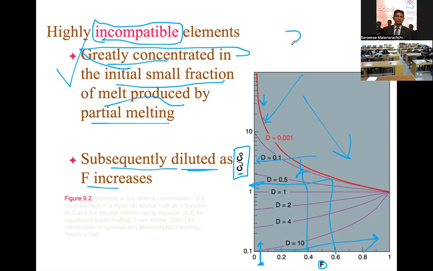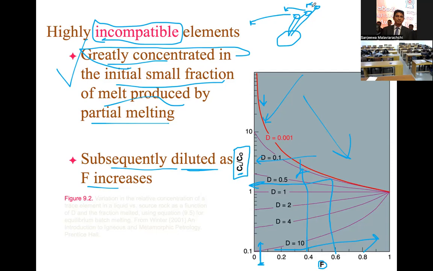So from the source region, if you produce a little amount of melt, and then increase that amount of melt, and further increase that melt, the initial melt will carry very high concentration of incompatible element, but later melts will carry little diluted amounts, less than the previous situations.